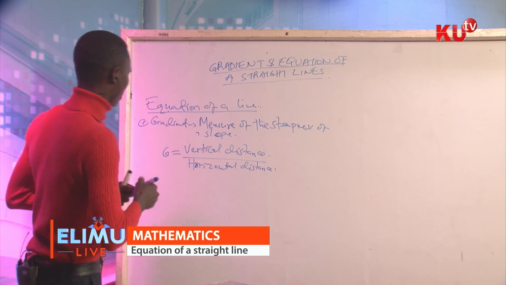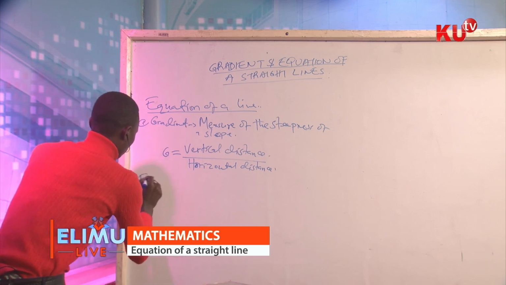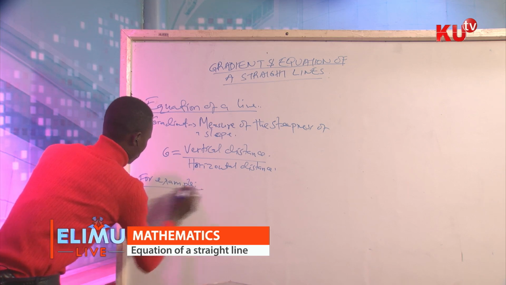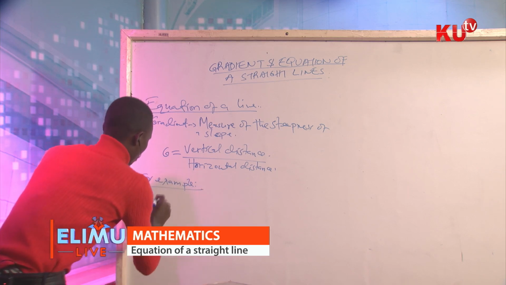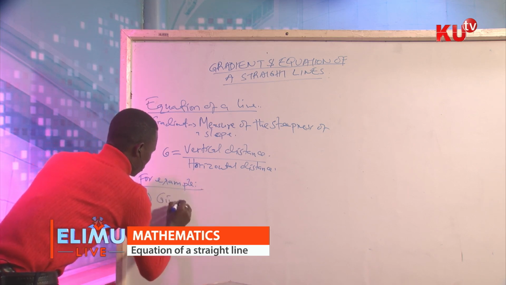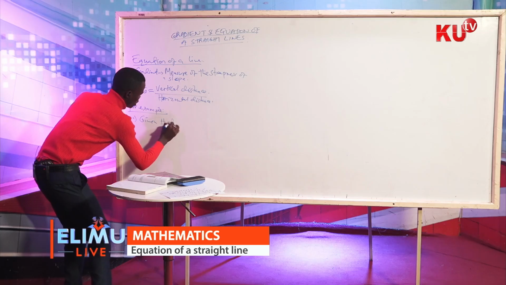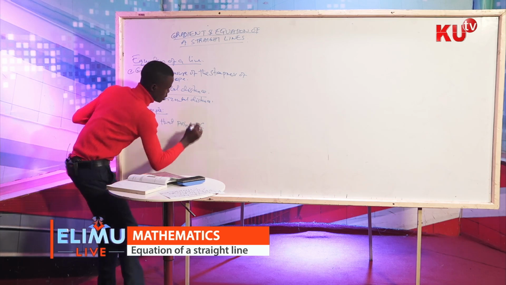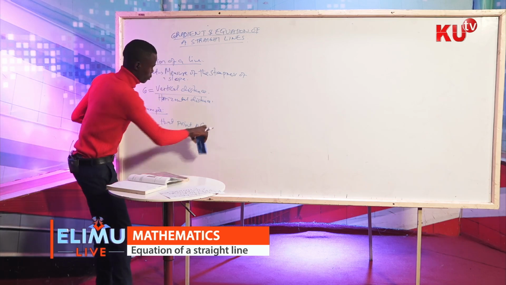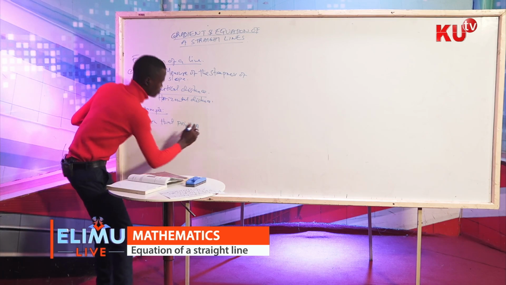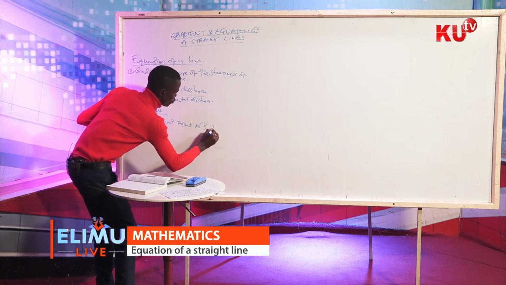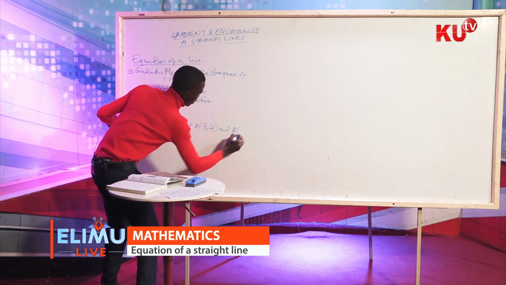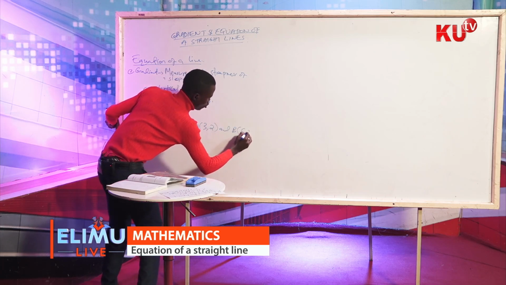For example, given that point A is (3, 2) and B is (6, 3).